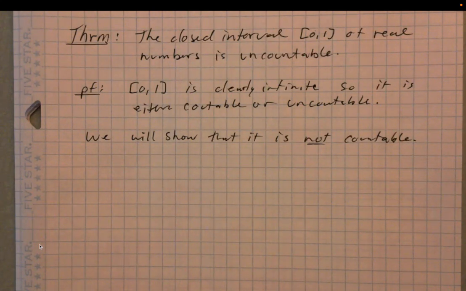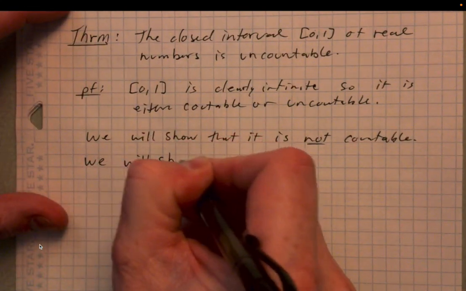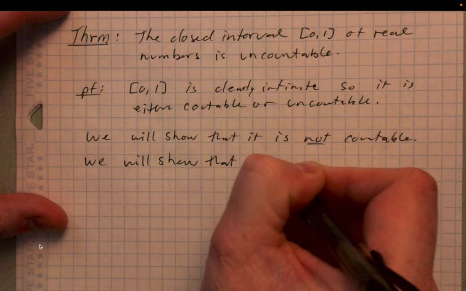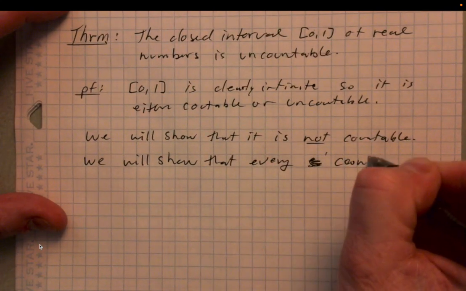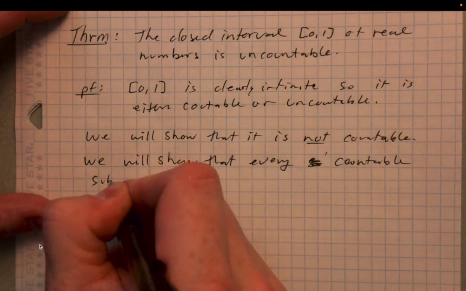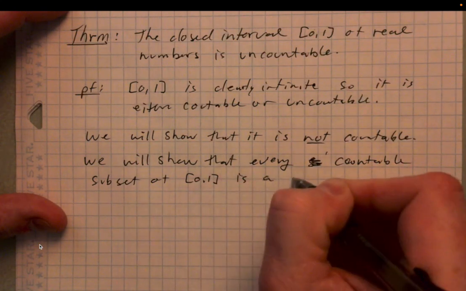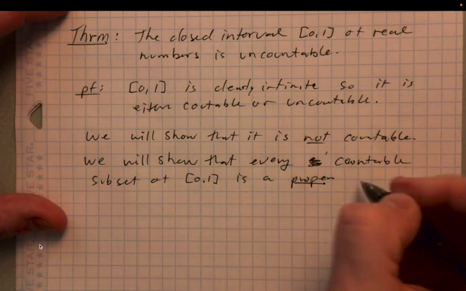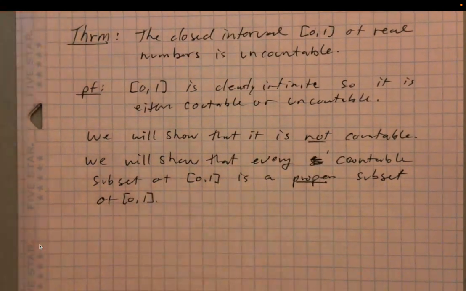To accomplish this, we're going to show that every countable subset of [0, 1] is necessarily a proper subset. We will show that every countable subset of [0, 1] is a proper subset of [0, 1], right? So what's the implication there?